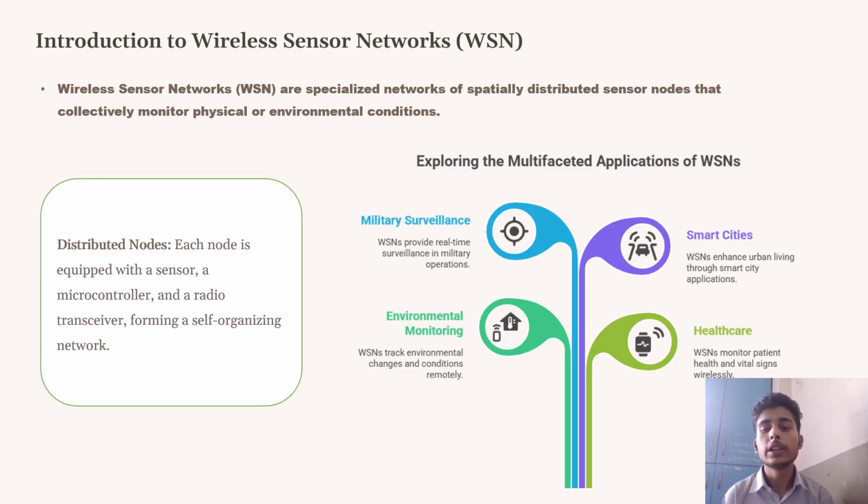So some applications of wireless sensor networks are as follows. First one is military surveillance. WSN provides real-time surveillance for military operations. Next application is smart cities. It enhances living conditions in urban cities or smart cities through IoT applications.